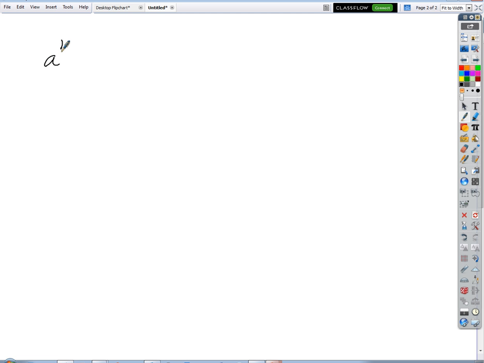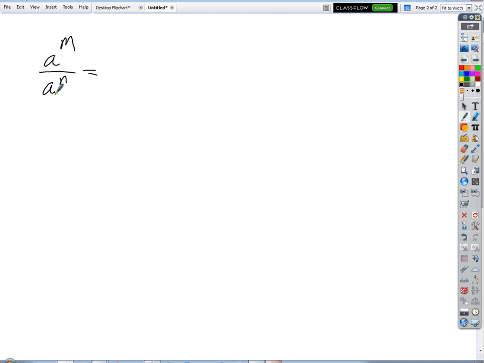So if we're doing something like a to the m over a to the n, let's do this in 2 steps. How could I write that as a product? How could I write this bottom power on the top? A positive exponent on the bottom would be the same as what on the top? Negative. Does that make sense?